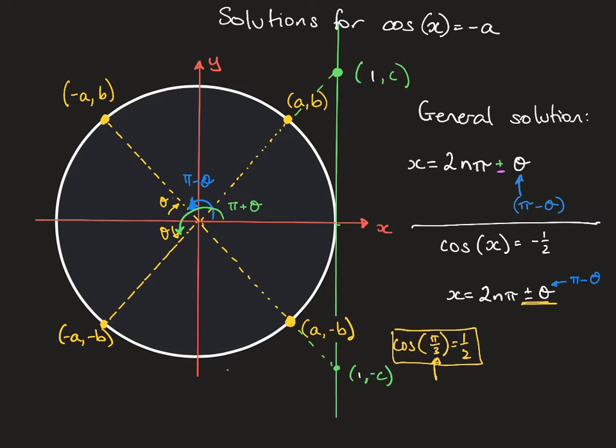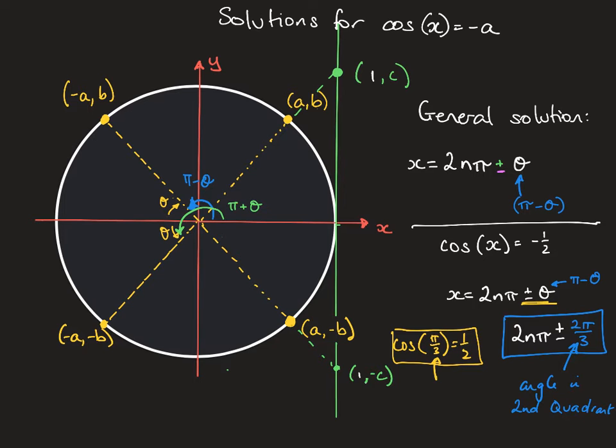And so our general solution becomes 2n pi plus or minus, and pi minus pi on 3 gives us 2 pi on 3. And we will generate our solutions based on this formula with this angle that's in the second quadrant.